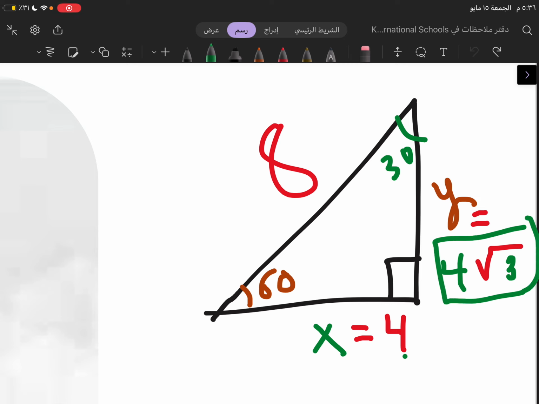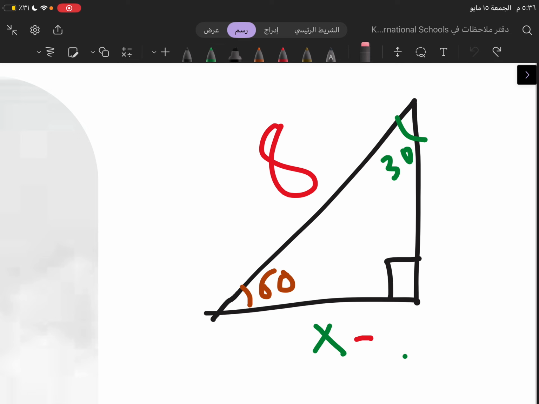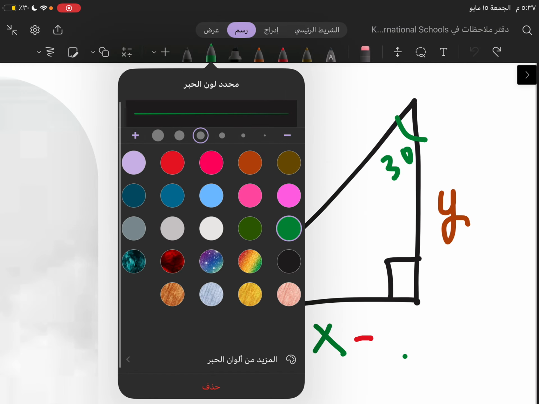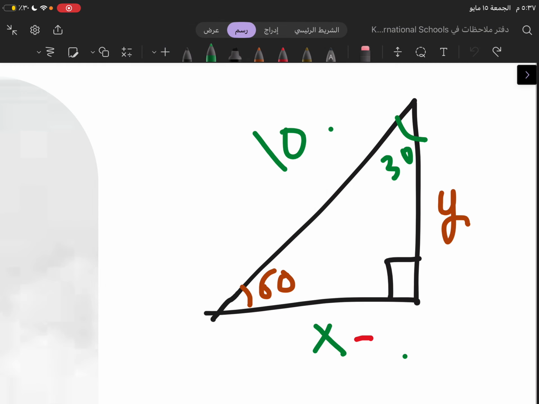Teacher, all the time you multiply by radical 3? Yes. Let us take another example. Let's go. If this is 10, so x equals 5 and y equals 5 radical 3.